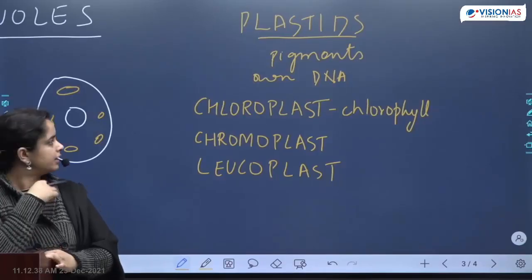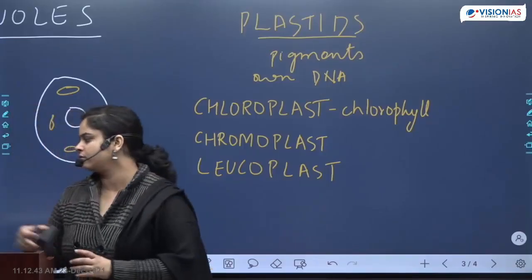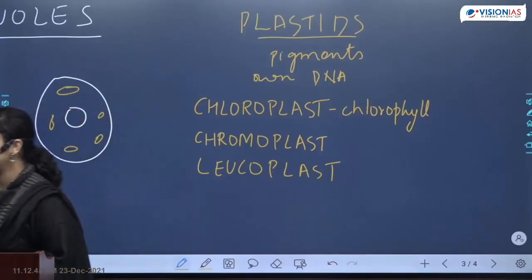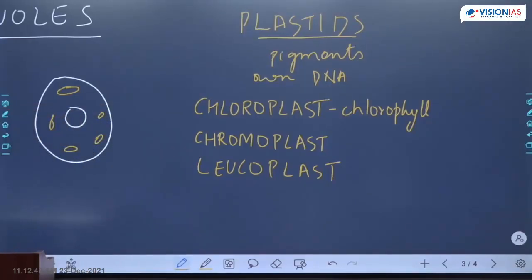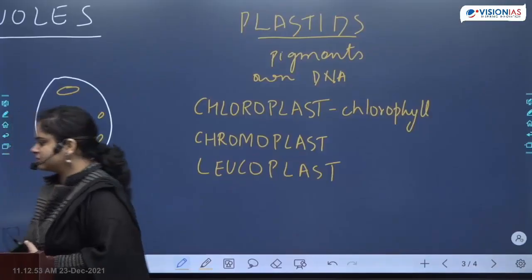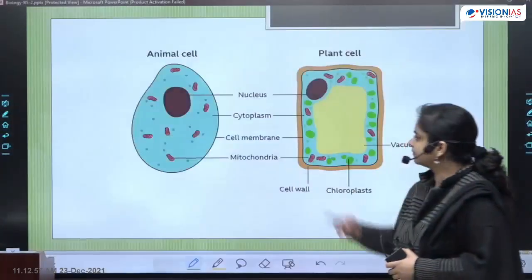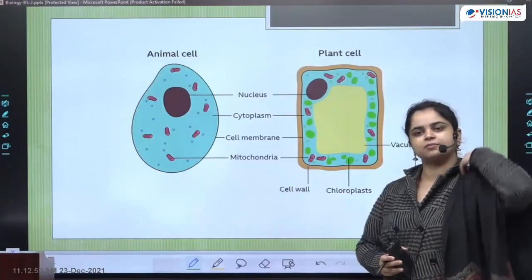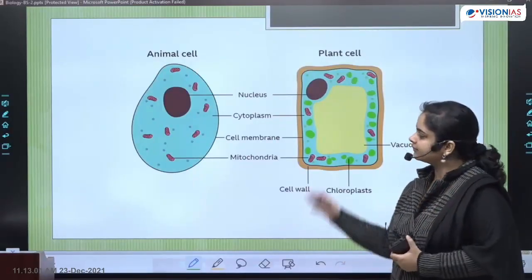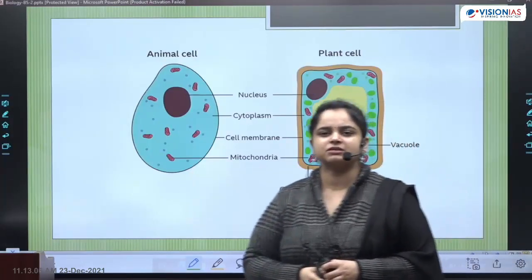Okay. Now with what we have done, things which you already know, if I ask you to compare the plant and animal cell, I think you should be able to do it. We already have the information. This is just going to be a summary kind of a thing. So you can keep writing the points on your own. Tell me the points of differences between animal cell and plant cell.